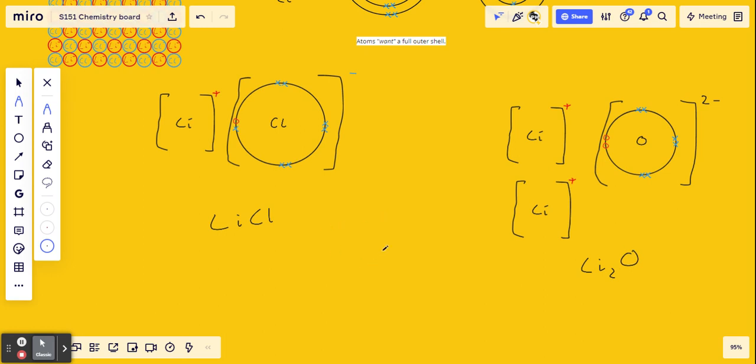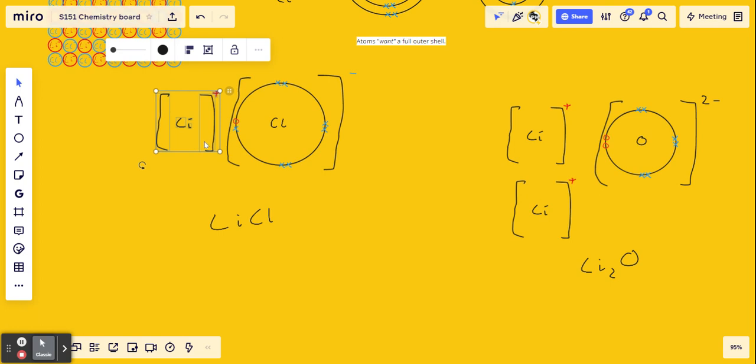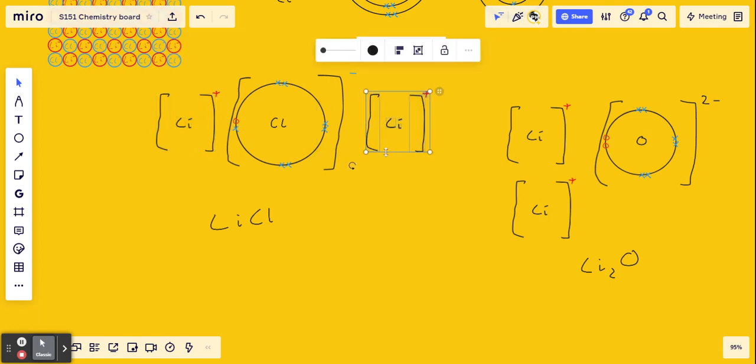Now, we're going to look at covalent bonding in a moment, but it's important to realize here that these are not molecules, as I demonstrated up here. They form lattices. So there'd be another one over here next to it, but that's not how you draw it.